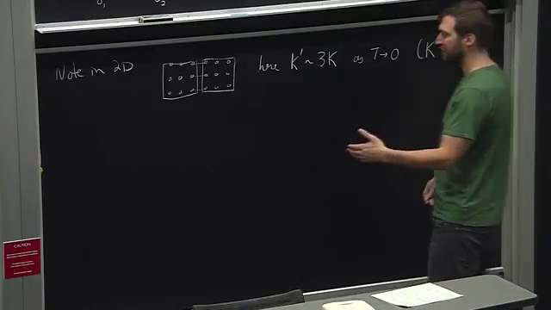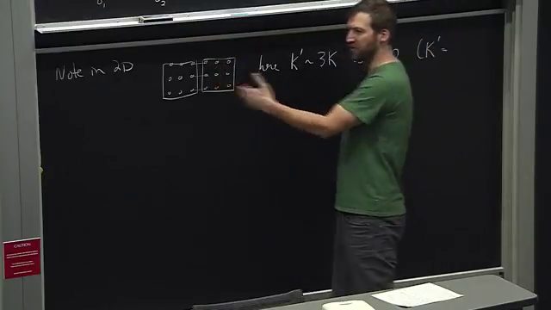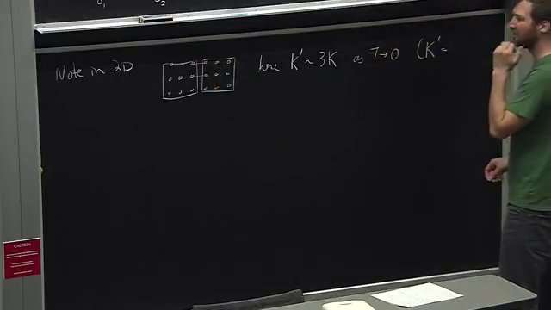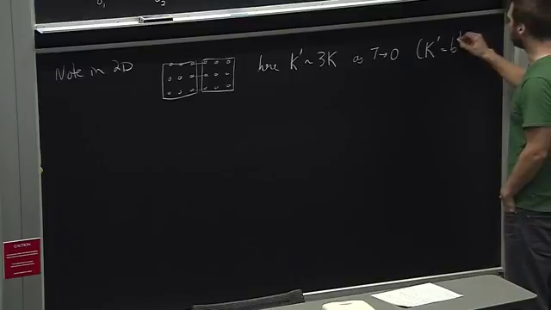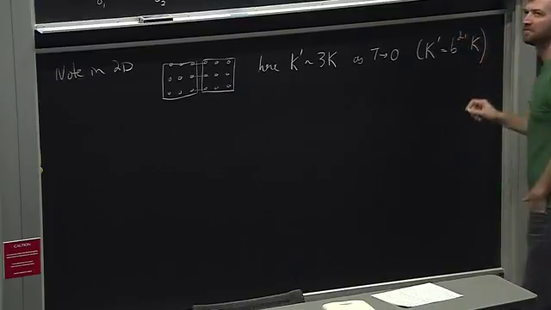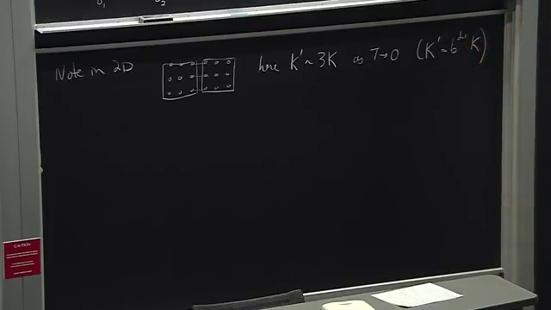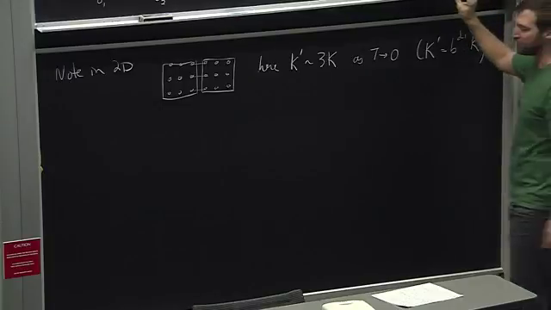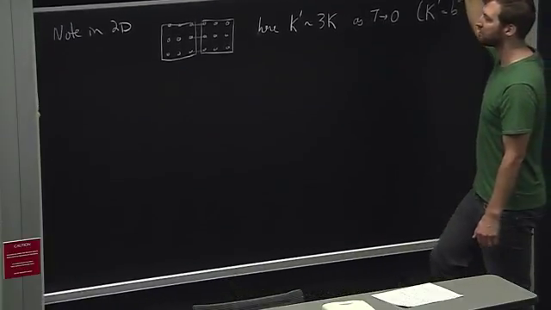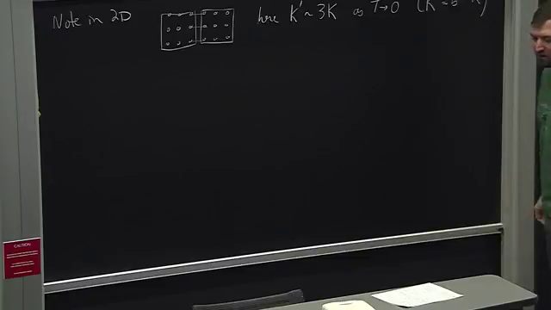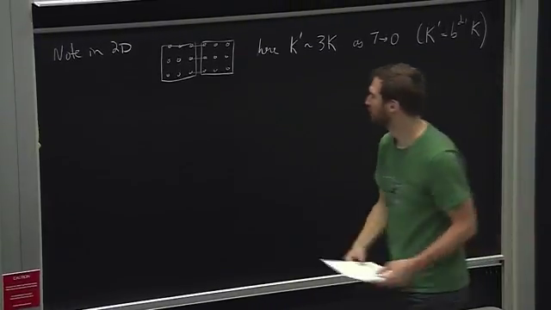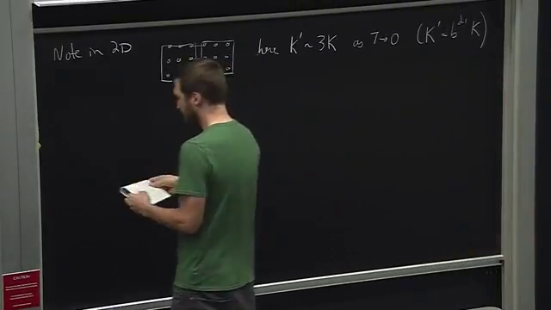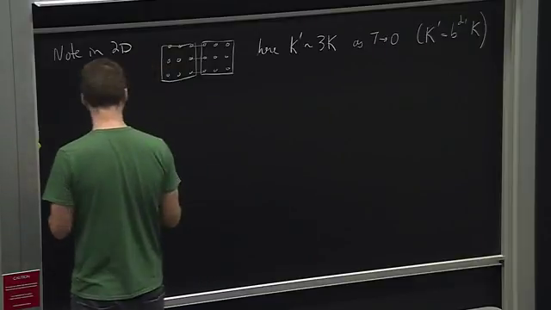That's because this boundary is 1 dimension lower than the system. So I'd say B to the D minus 1 K. Generally, only when it's 1 dimension, this thing becomes independent of D, right? So we expect K prime to be greater than K by this argument.